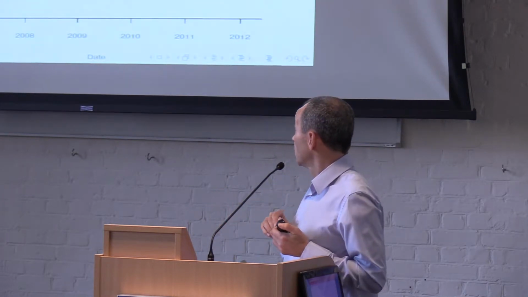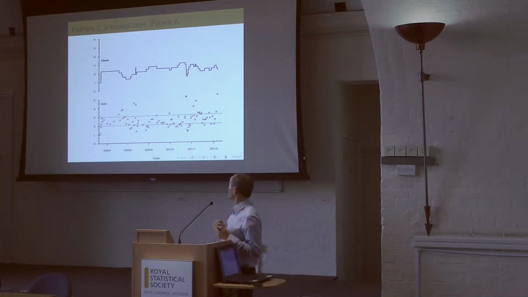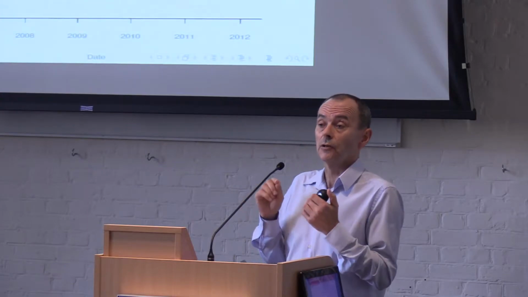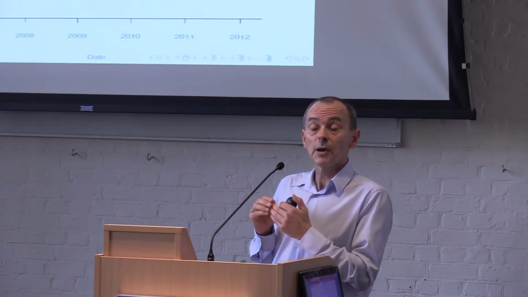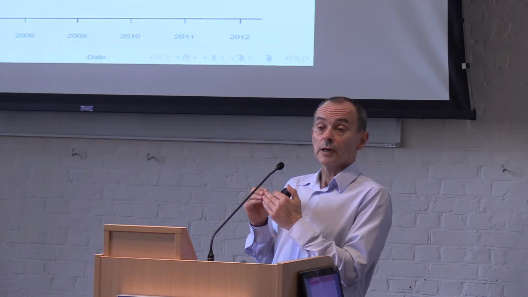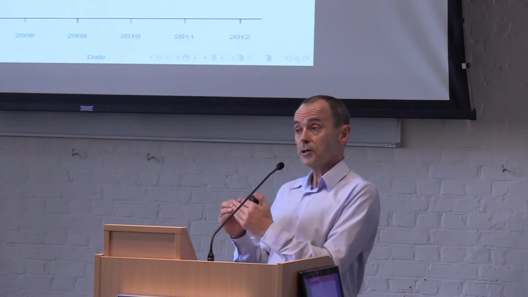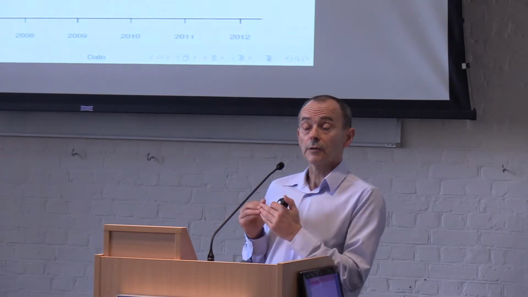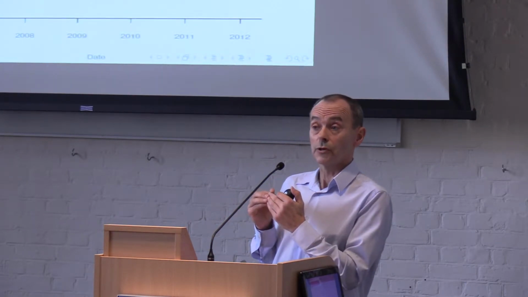So these are data that we received recently. It's one patient from a larger group, and the top shows how the dose was changed for this patient in response to a measurement of blood clotting speed. The measurement is something called the INR, which is the International Normalized Ratio, and it's basically the ratio between how long it takes the patient's blood to clot and how long it takes a control patient's blood to clot.